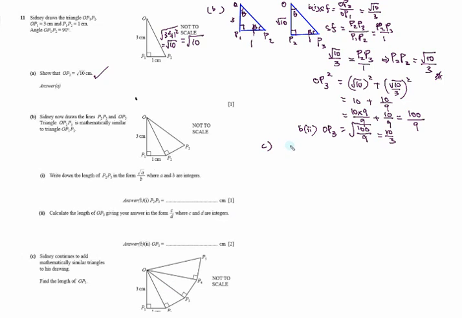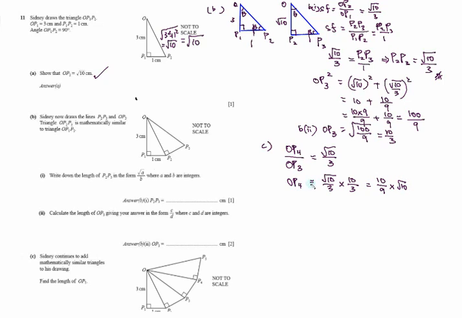Now, let's look at OP4. OP4 over OP3 will have the scale factor square root 10 over 3. Okay? Now, OP4 is equal to square root 10 over 3 times OP3. OP3 is actually 10 over 3, put it over here, times square root 10 over 3. So it's 10 over 9, times square root 10.